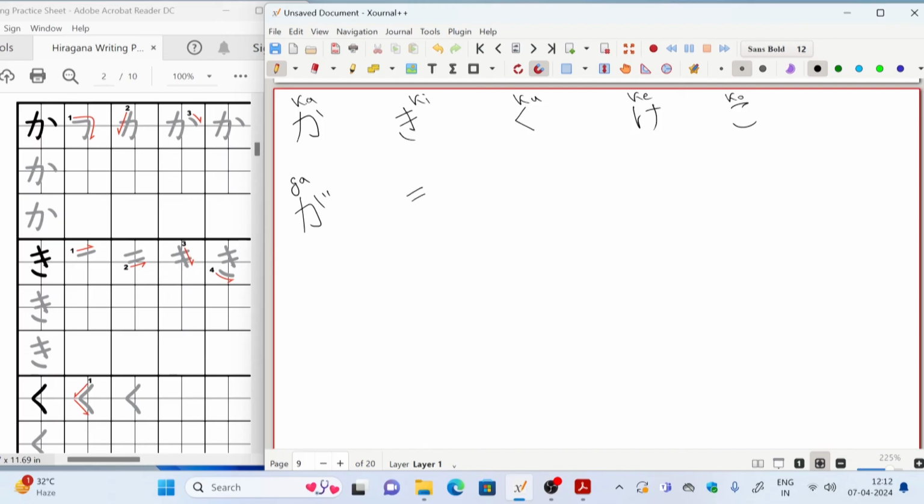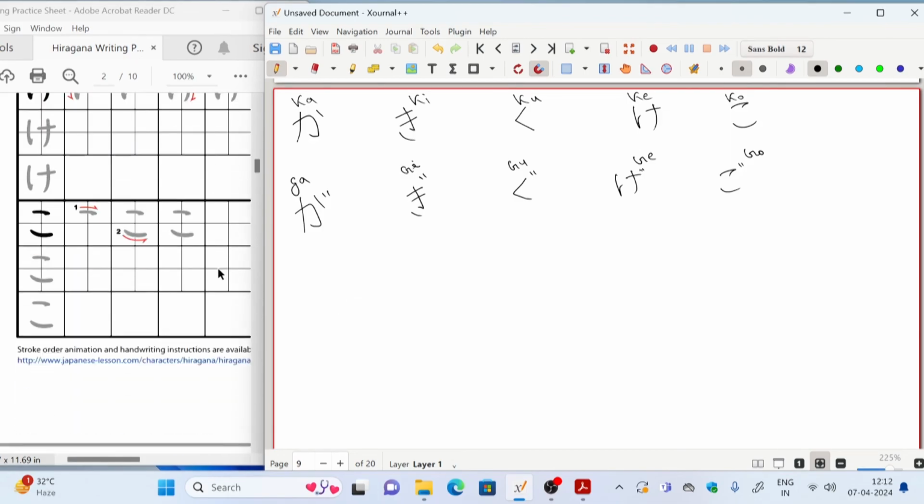Ki will become gi. It will become gu. And it will be read ge. And finally it will become go. So this is how the sound changes after putting ten.